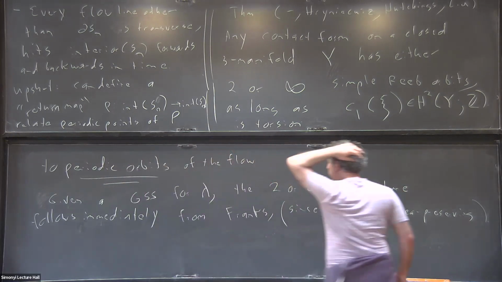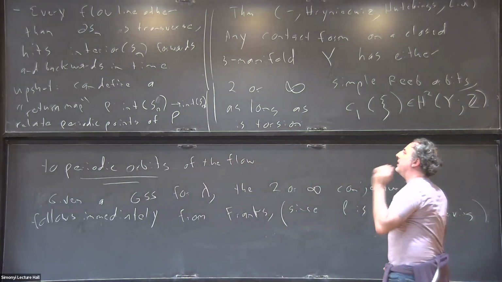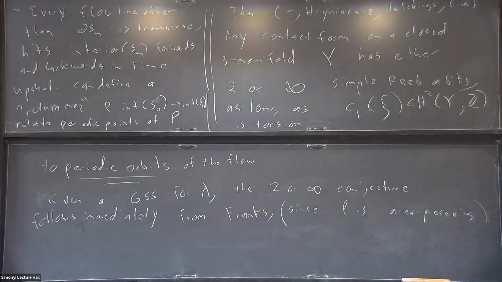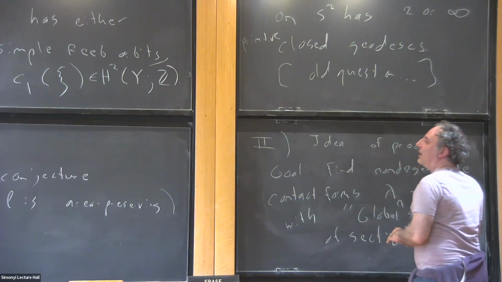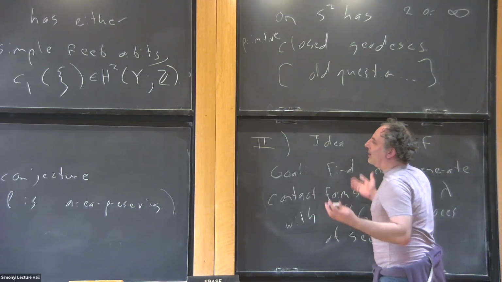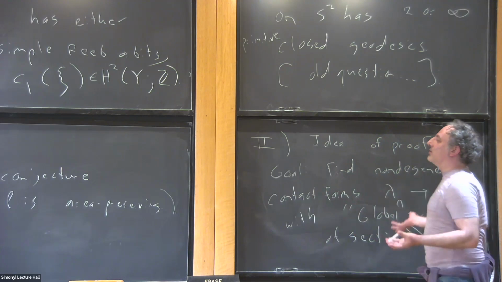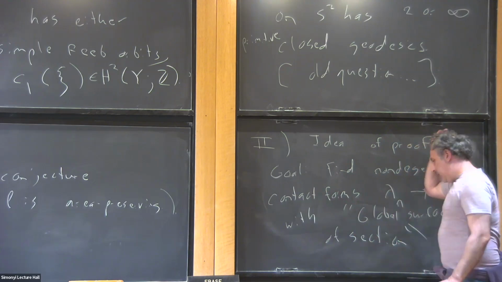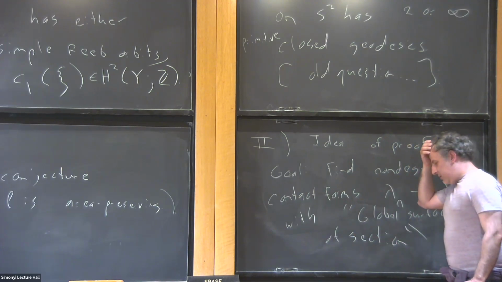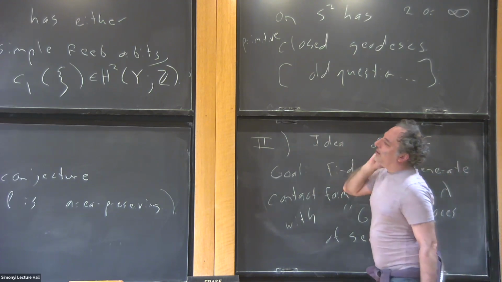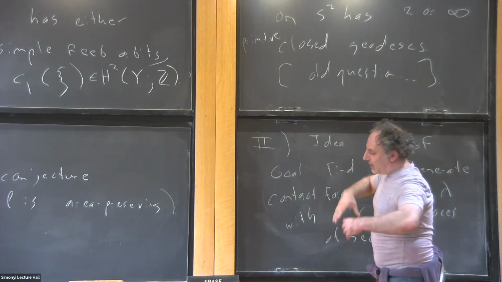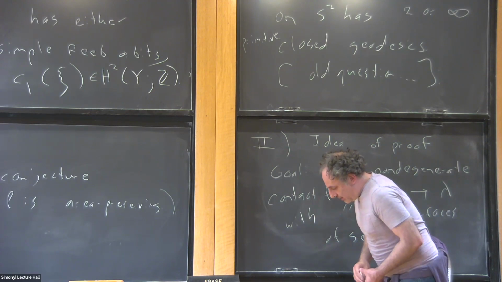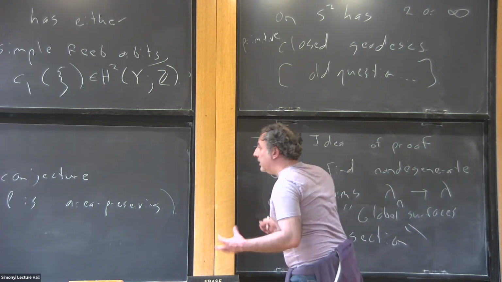Okay, so just a remark, I won't write it on the board. The general idea here is itself kind of inspired by work of HWZ. HWZ proved a two-or-infinity principle like this for boundaries of convex domains in R^4.